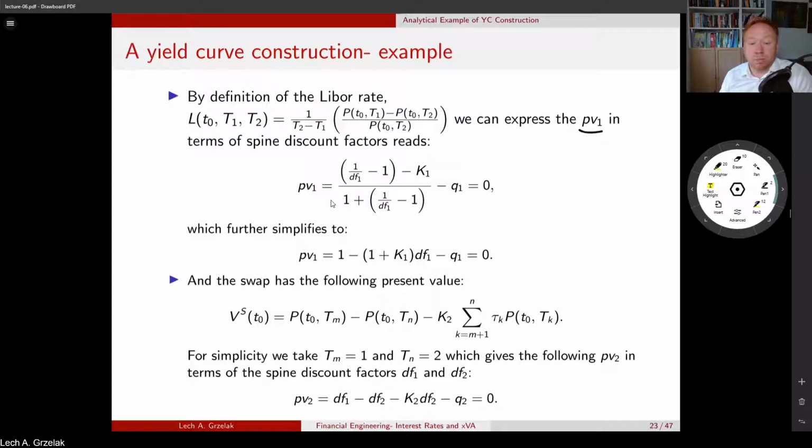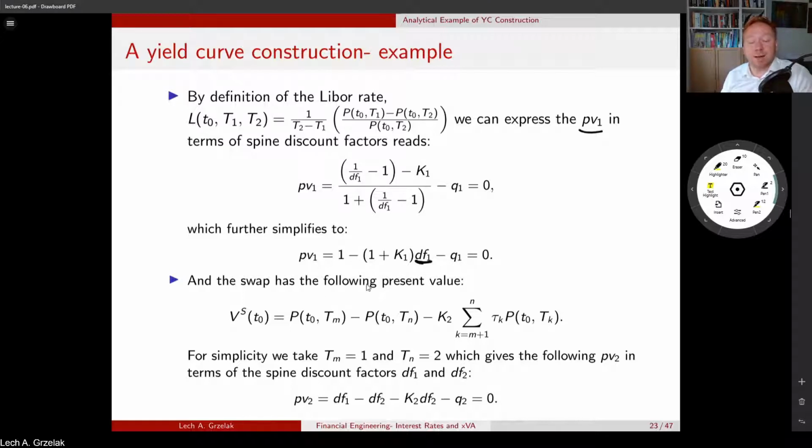We can also simplify it further, because if we reorder some of those terms, the df1s, the simplified expression will be 1 minus (1 plus k1) times df1 minus q1. So you see this expression is purely a function of df1. So that's one unknown, one equation. So from here we can already find out what the df1 should be.